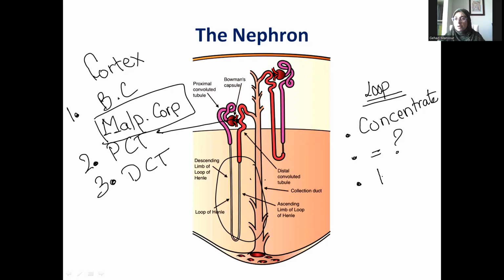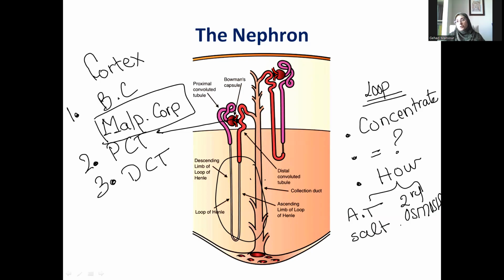You might be asked about how the loop of Henle concentrates urine. So you would say that it actively transports salt or sodium chloride out. And then secondarily to this, you would have secondary osmosis or secondary reabsorption of water. So this is how the loop of Henle concentrates urine.